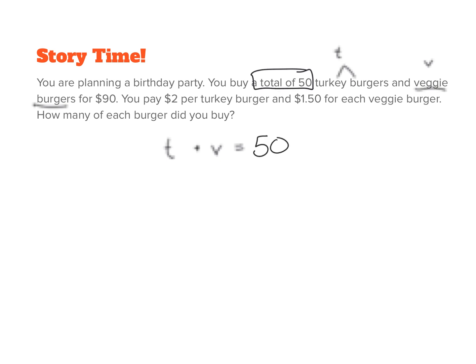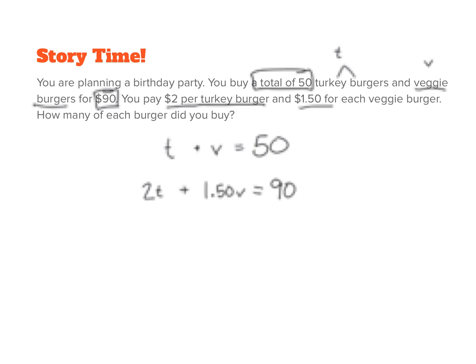Right, it says a total of 50 of them, and it's a combination of turkey and veggie burgers. The other thing I know is that I paid $2 per turkey burger. Awesome. 2 times T, plus the cost, which is $1.50 for every veggie burger, needs to be equal to my total spent, which is $90.